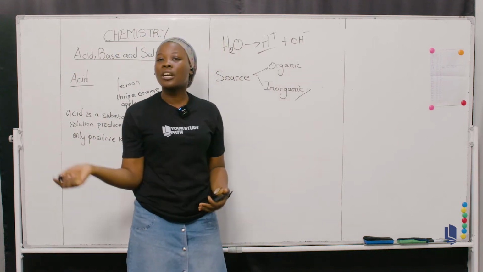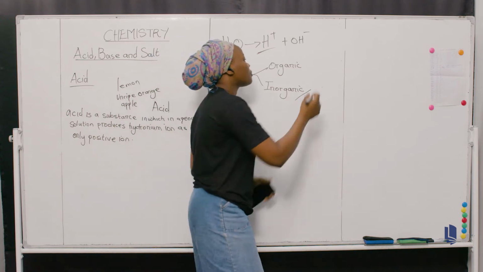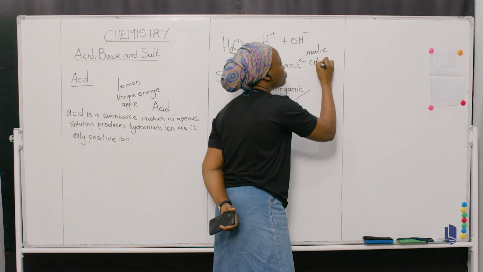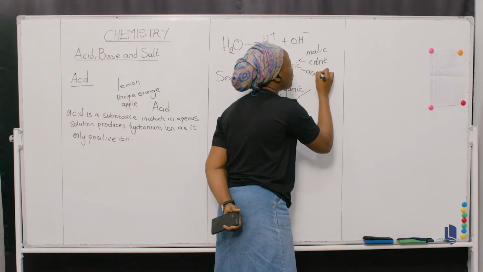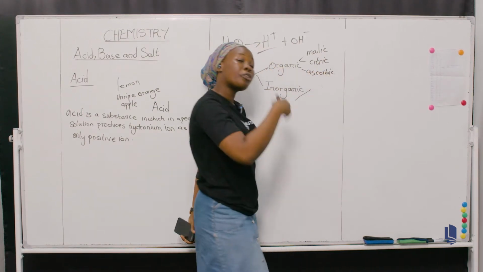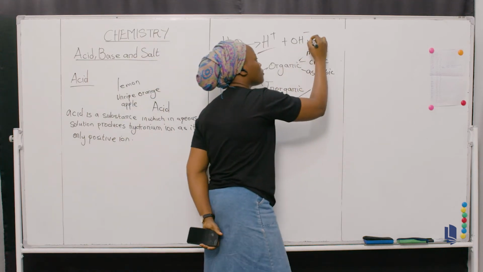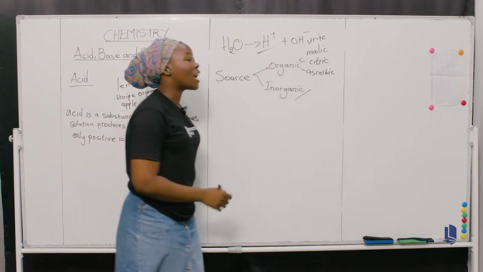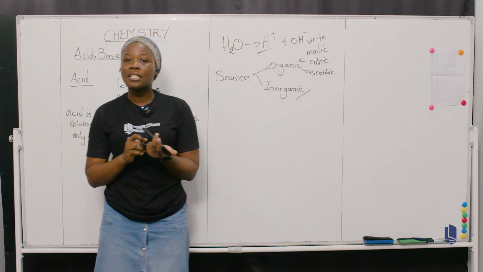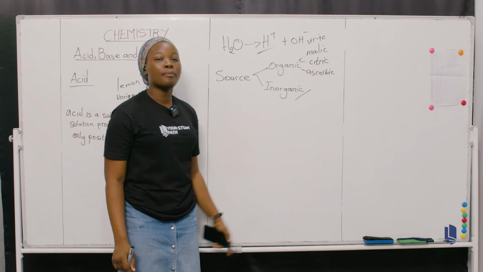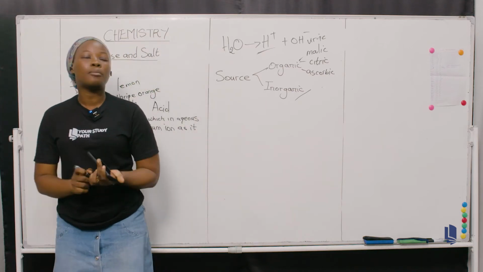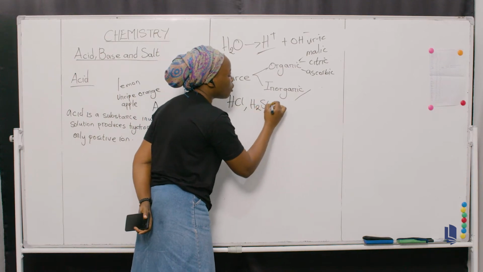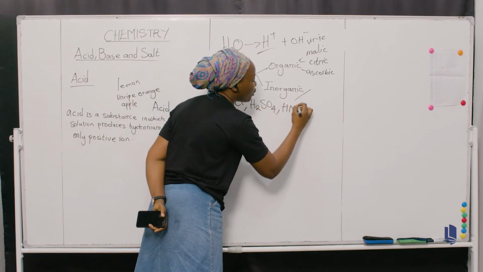Organic acid would be your citric acid, malic acid, ascorbic acid, uric acid. Those are examples of organic acids. They are from plants and animals. Whereas inorganic acids are acids synthesized in the lab. That would be your HCl, your H2SO4, your HNO3.